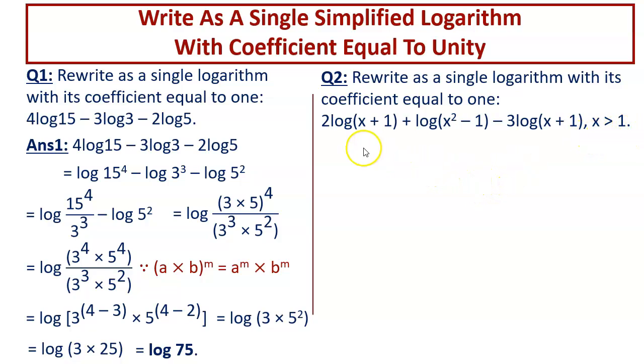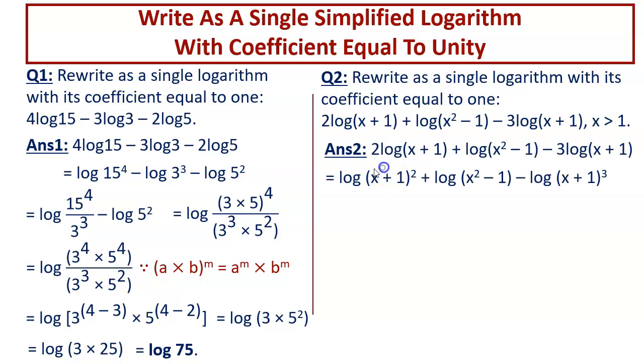Okay. And of course, since the base, I have not written any base, the base is missing for every log term. The base is assumed to be equal to 10. Okay, and again we will be doing the same thing because we cannot keep the coefficient, so we will be taking the coefficient and making them the exponents of the arguments.